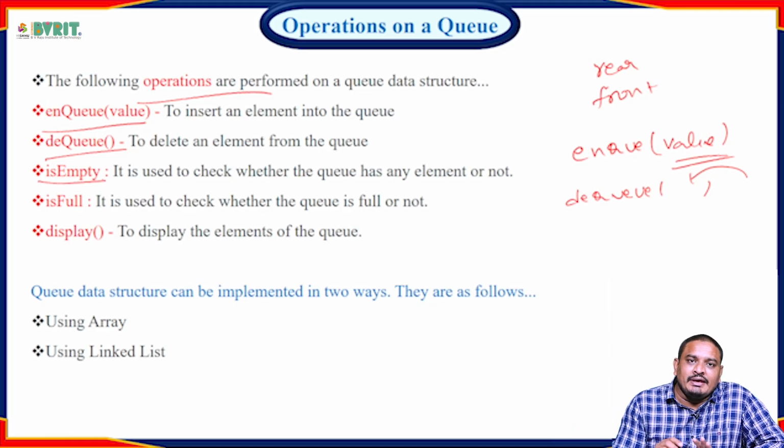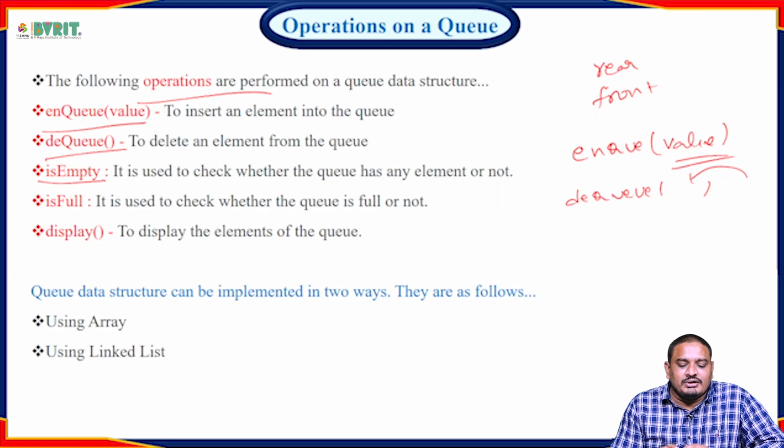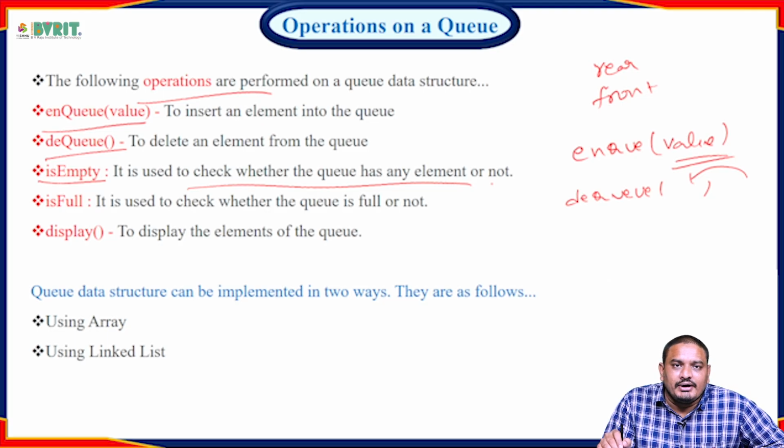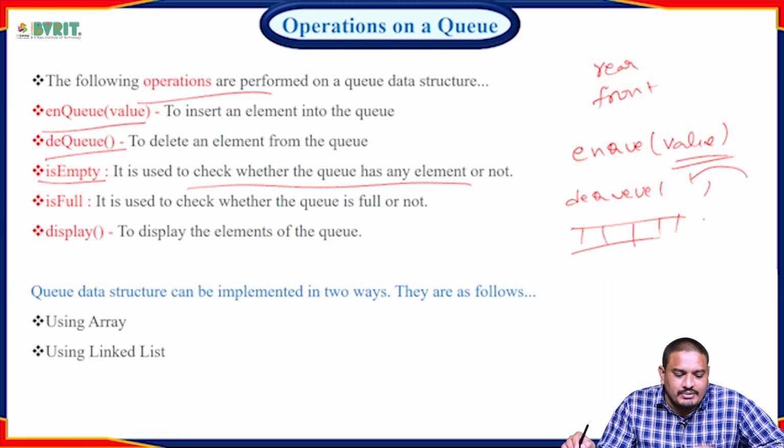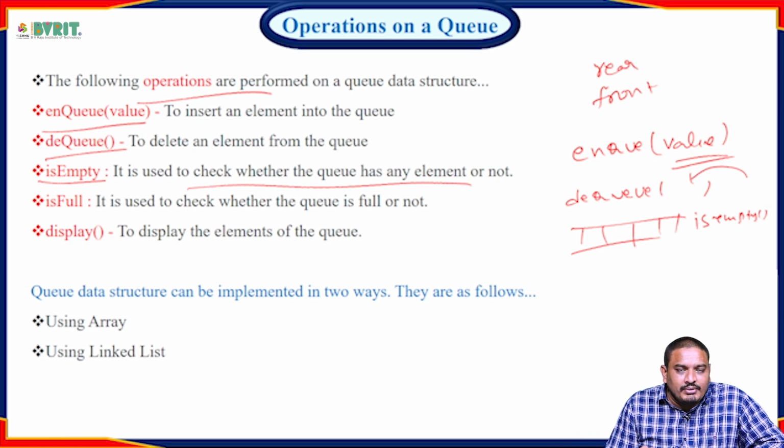Next one is the isEmpty method. isEmpty means checking whether the Q is empty, whether the Q has any element or not. That purpose we are using the isEmpty method.